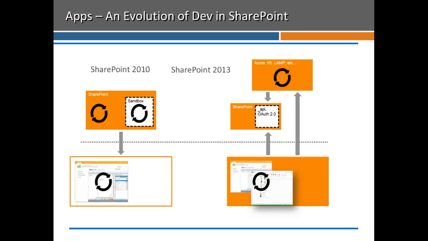We also have the ability to host customizations outside of SharePoint in either Azure or other web or application servers, and these customizations can be written in any language you like, Linux, Java, PHP, Ruby on Rails, and they can all interact with SharePoint through RESTful services that are exposed through either CSOM or REST.